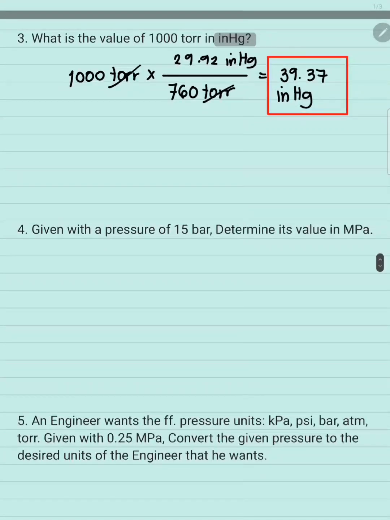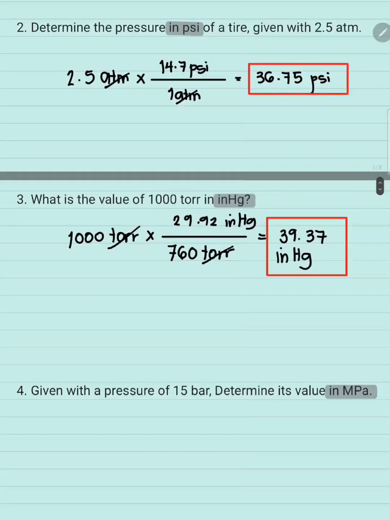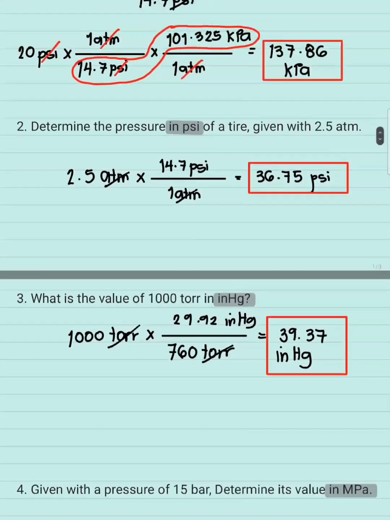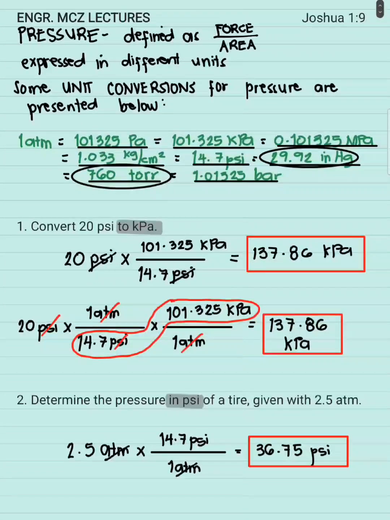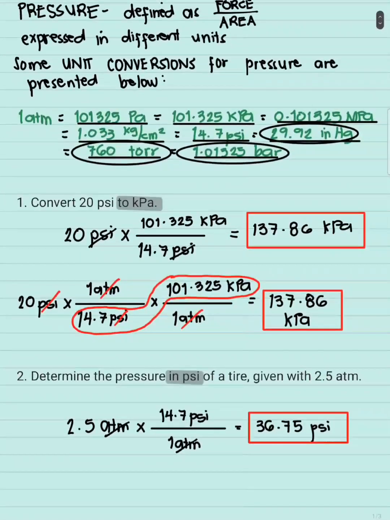Next, for problem number 4, given a pressure of 15 bar, determine its value in megapascal. Let's take a look at the unit conversions where we can utilize bar and megapascal. We have 1.01325 bar, which is also equal to 1 atmosphere, and in megapascal we have 0.101325 megapascal.